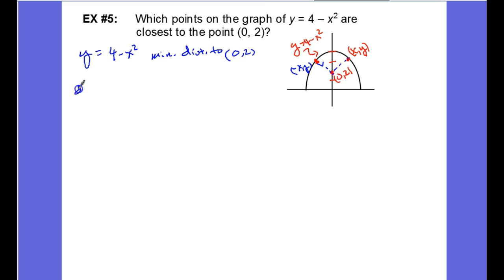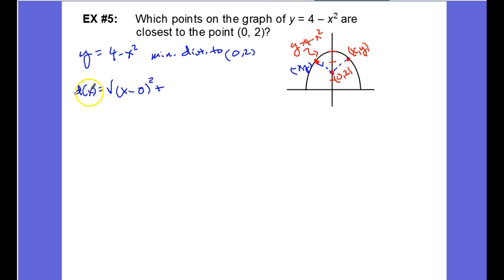So the distance formula, d of x, is equal to the square root of x, the point on my parabola that is unknown, minus 0, the x value of my fixed point, squared, plus, and now I need to take y and subtract 2 from it.